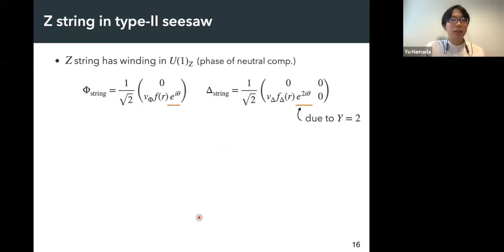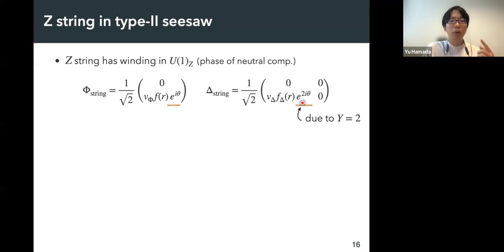Then let's consider the Z string in this type 2 seesaw model. As I said before, the Z string is an embedding of the NO vortex into the U(1)_Z part in the electroweak symmetry. So the naive generalization is the following. We have a phase corresponding to the U(1)_Z in the lower component of the Higgs doublet, and we also have the phase for this neutral component of the delta.